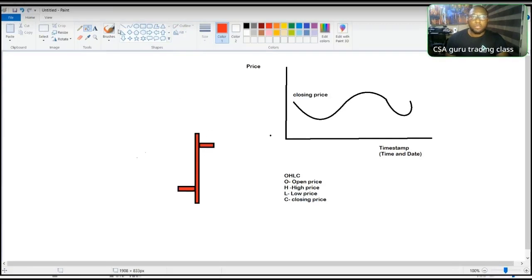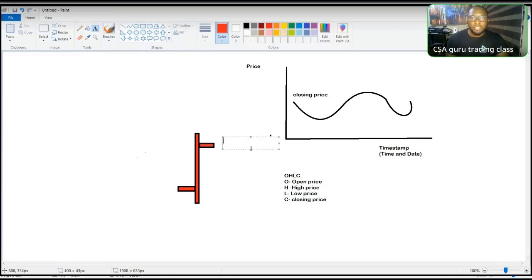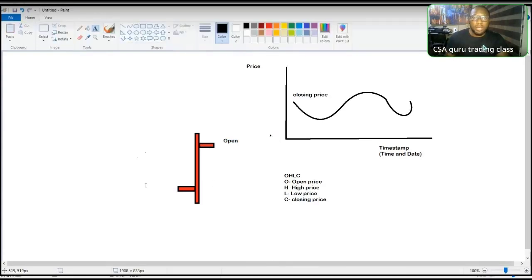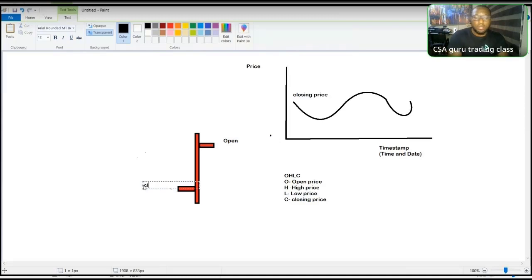So what I'm trying to say here is we have the open price. Let's say the price opened at $1,000 and closed at 900.